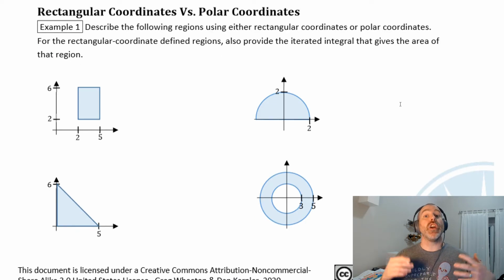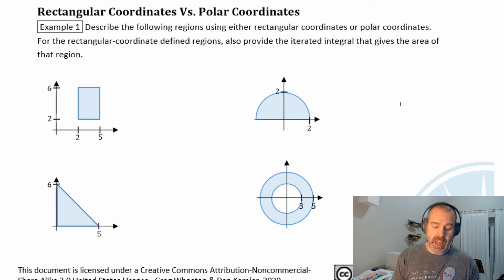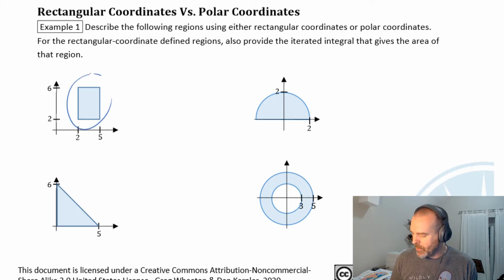So we are interested in looking at double integrals. Let's take a second and look at some regions in the xy plane or in the r theta plane and compare what those would be in rectangular coordinates and then look at some other examples in polar coordinates. The first 2 on the left are going to be rectangular. Describing the first one on the top left, x is between 2 and 5, and y is between 2 and 6.